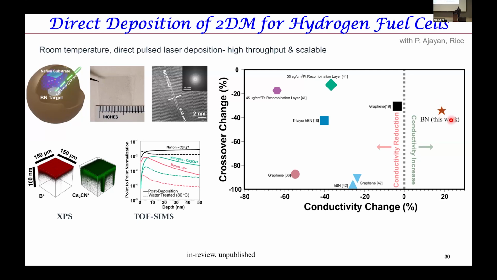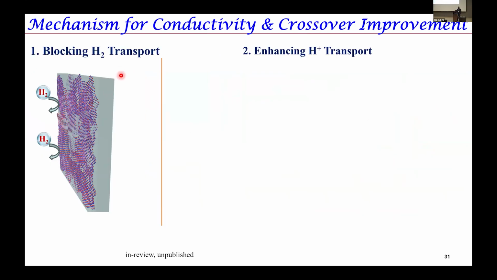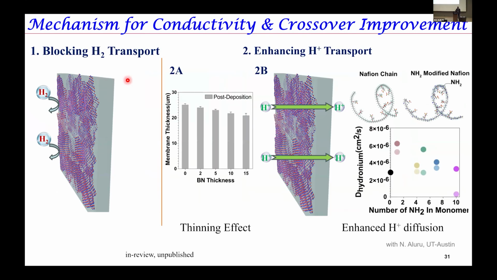And this remains something that is a puzzle that we continue to study. We understand that the 2D material will block the gas, so that's not surprising, but why is the proton conductivity improved? We observed in TEM studies that there's a small thinning effect of the membrane, which would lead to higher proton conductivity.